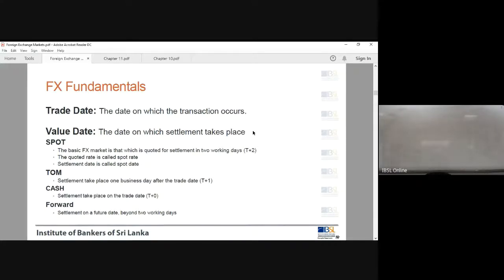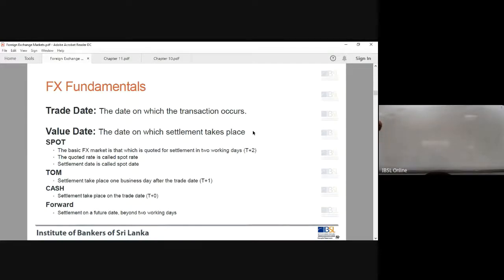These are called the settlement dates. On the first day, there are 2 days in a foreign exchange transaction. One is called the trade date, the other one is called the value date. Trade date means the day the transaction happens.